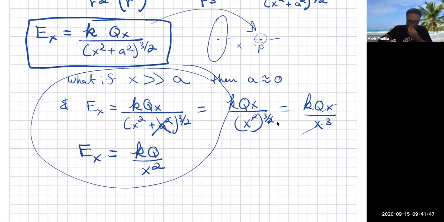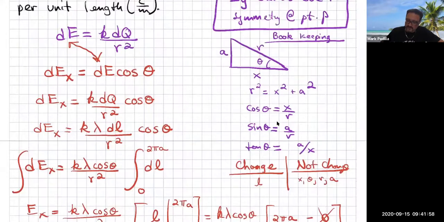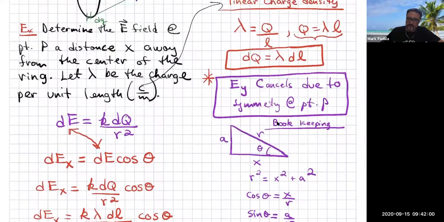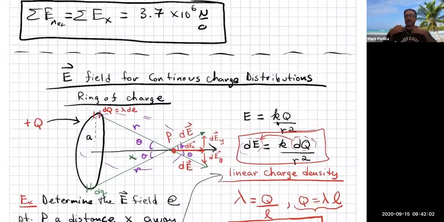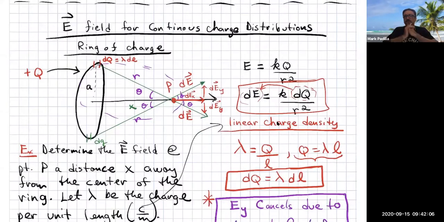So let's talk through the problem from the beginning again. Let's go to where we started. First of all, we're dealing with particles that have a continuous distribution of charge, right? So we're dealing with objects.